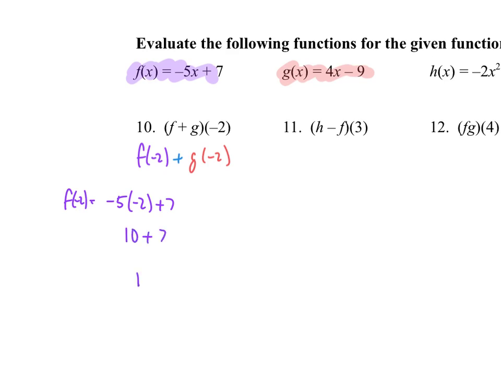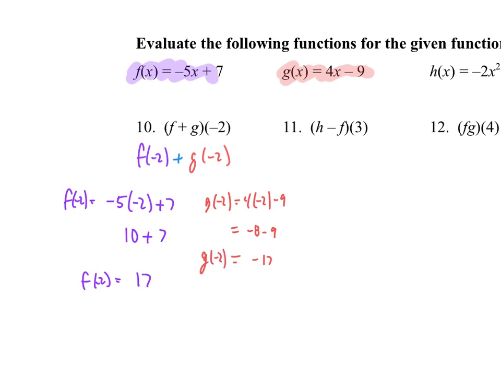That would be 17. And then g of negative 2 equals 4 times negative 2 minus 9. That would be negative 8 minus 9, which is negative 17. So g of negative 2 is negative 17.